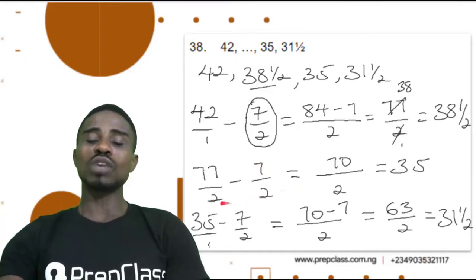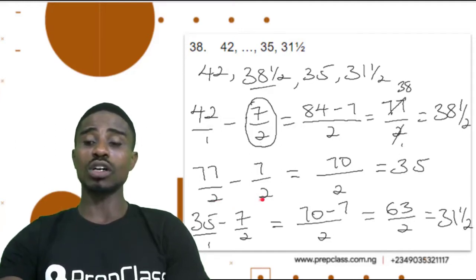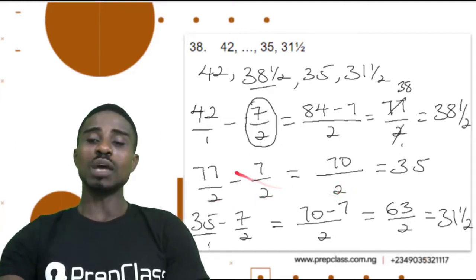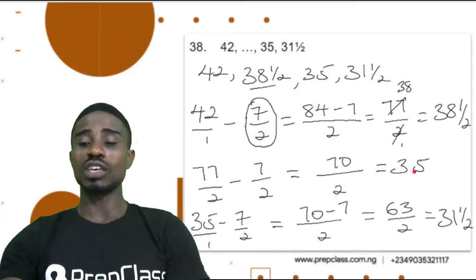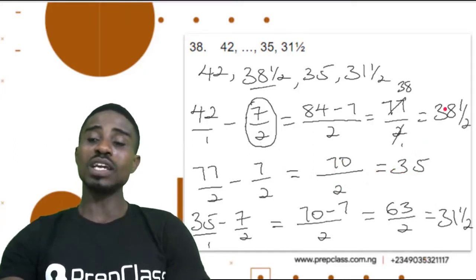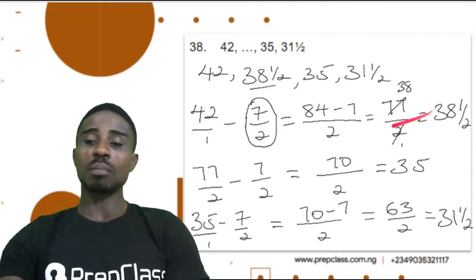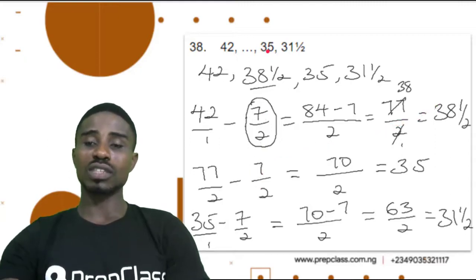So to find this, we have a common denominator. So we'll write it out as 2. Then we'll just subtract the numerators. 77 minus 7 will give us 70. So 70 divided by 2 will give us 35. So it means 38 and a half minus 3 and a half will give us 35.